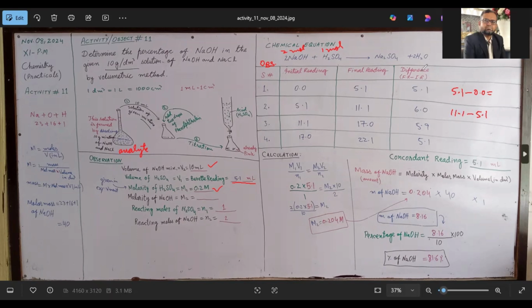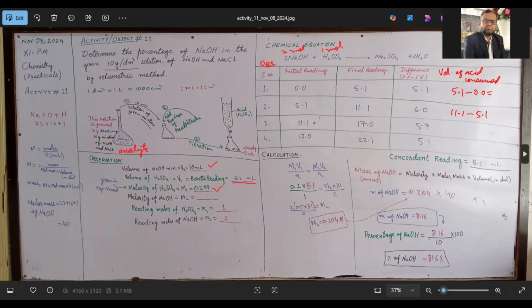And this difference is actually the volume of sulfuric acid consumed for 10 ml of this mixture, this analyte. Anyway, so the readings are very different. 5.1 and 6.0 is a very different reading. So definitely there should be some handling errors, human error.